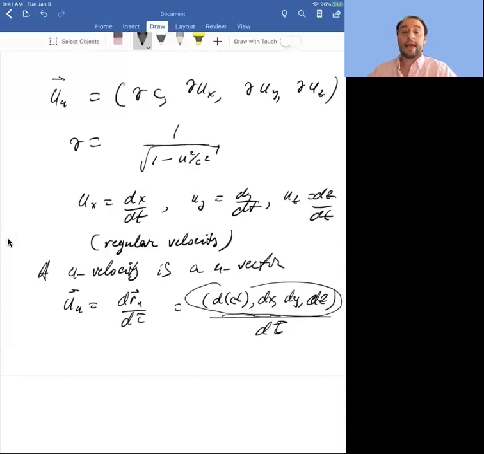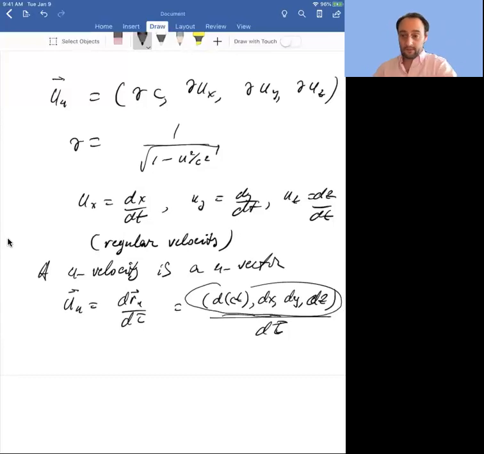Okay, and it is also a tangent vector to a particle's world line, because what's upstairs is a displacement four vector, and you divide that displacement four vector by an interval of the parameter along the world line, so you get an average four velocity, and as you take the proper time interval smaller and smaller, it becomes an instantaneous four velocity that will be tangential to the trajectory.